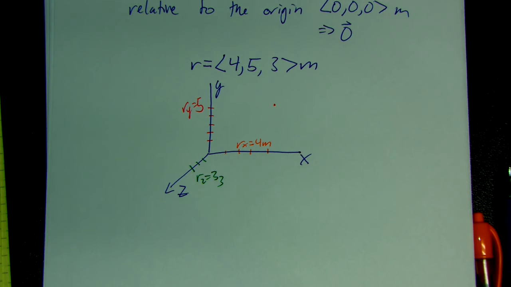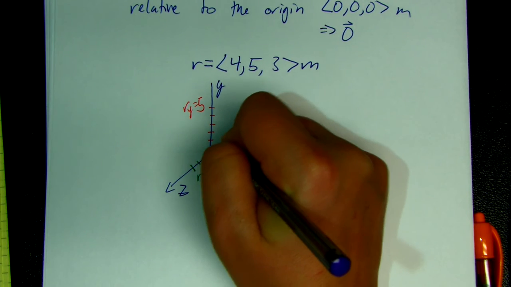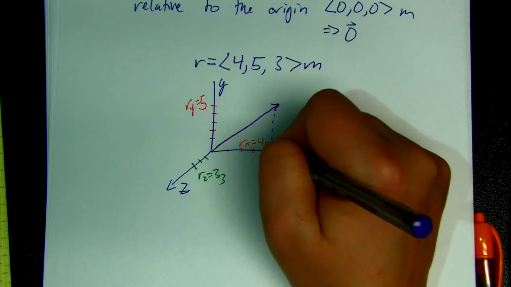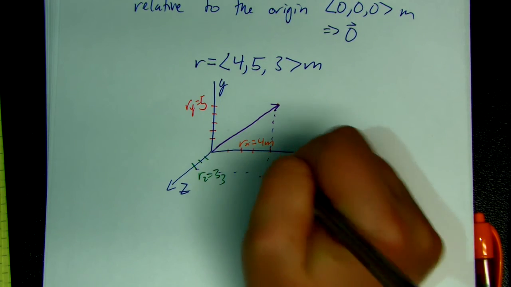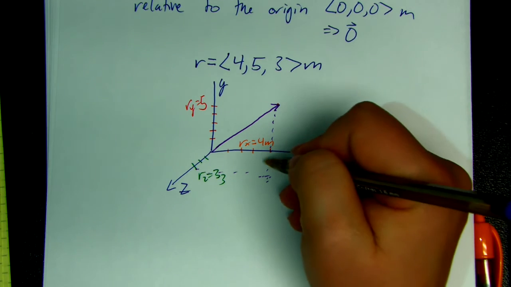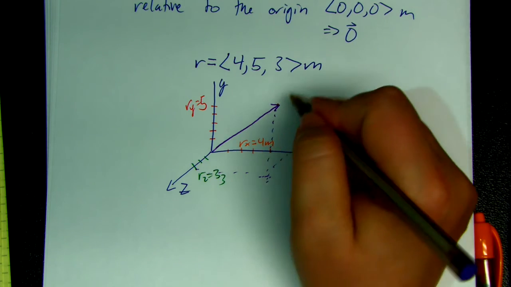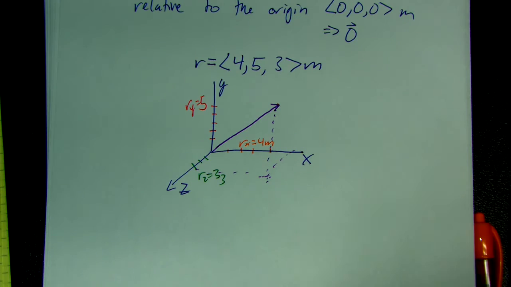So then when you draw your vector, which I will draw in purple, you would see that it would come down and we can see that we've got a little triangle going on here. So if you think about the Pythagorean theorem, where we were looking at triangles in 2 dimensions, now we're just looking at a triangle in 3 dimensions.